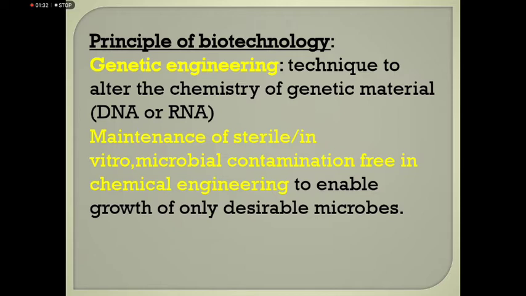In vitro means outside the body. In vivo means inside the body. So in vitro condition and microbial contamination free condition is necessary for proper biotechnology. So these are the principles of biotechnology.